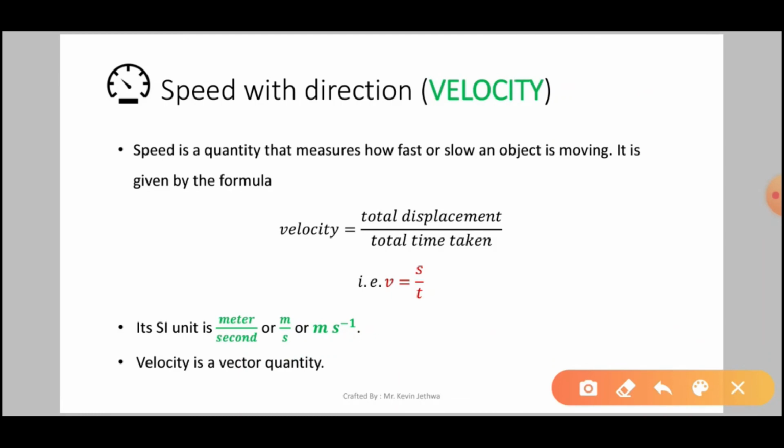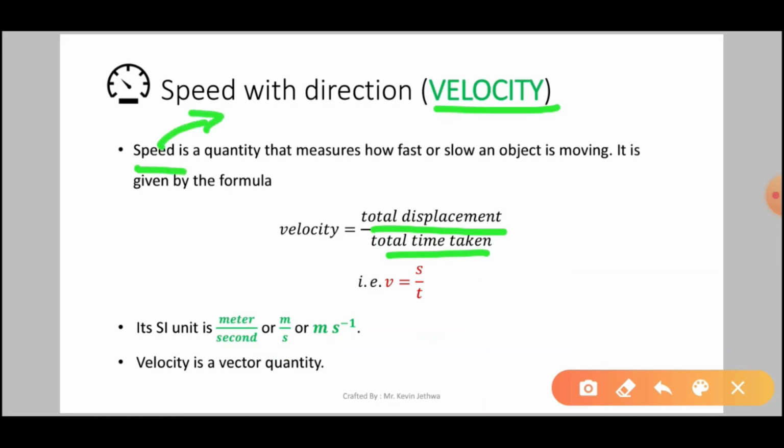Now the next quantity is the velocity. What does velocity mean? It means that velocity is total displacement upon total time taken. Speed with the direction is known as velocity. Since speed is a quantity that measures how fast or slow an object is moving, the same is the velocity.